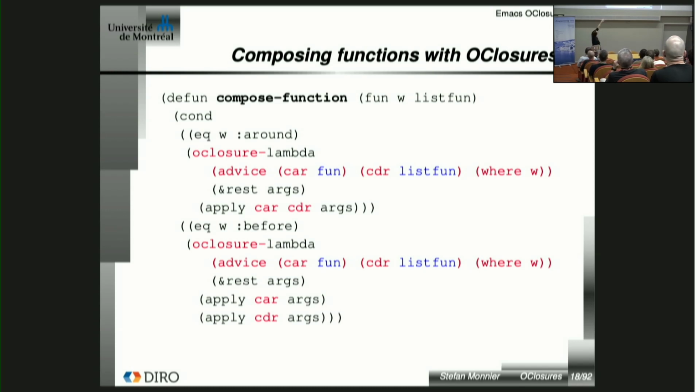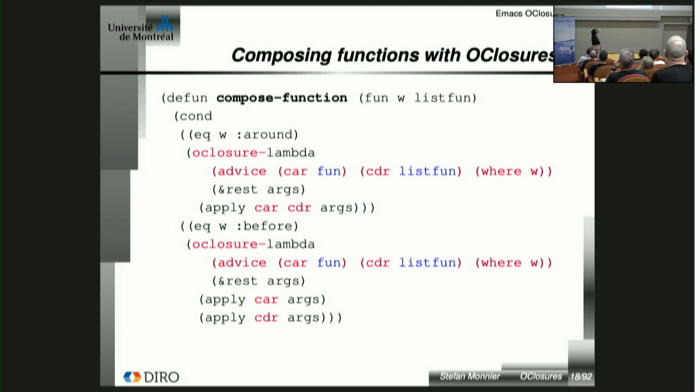The car will contain the actual function, the cdr will contain the rest of the function, the original value of the function, and I also have to remember the where, which I used to not need to do, but now this is an extra slot in the closures. So my closures will be slightly more costly than before, but that's because I need to be able to do the remove, and not because O-closures force me to do it.